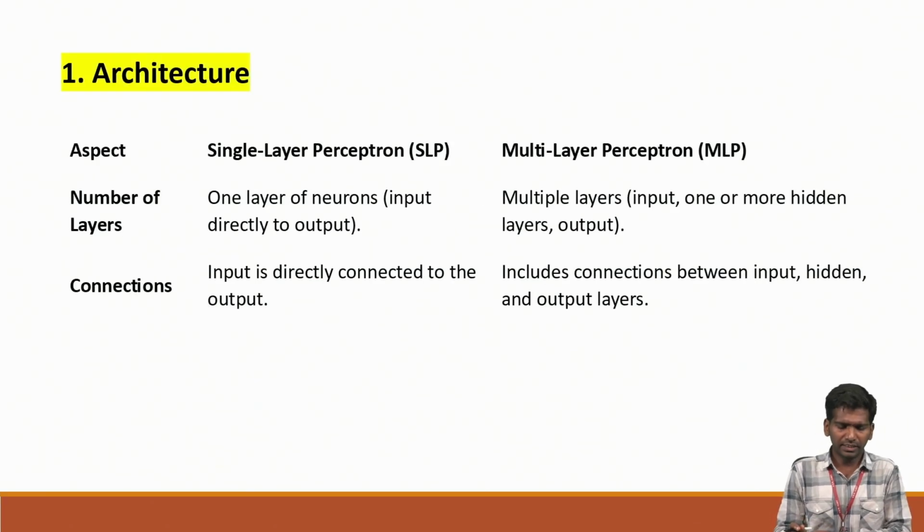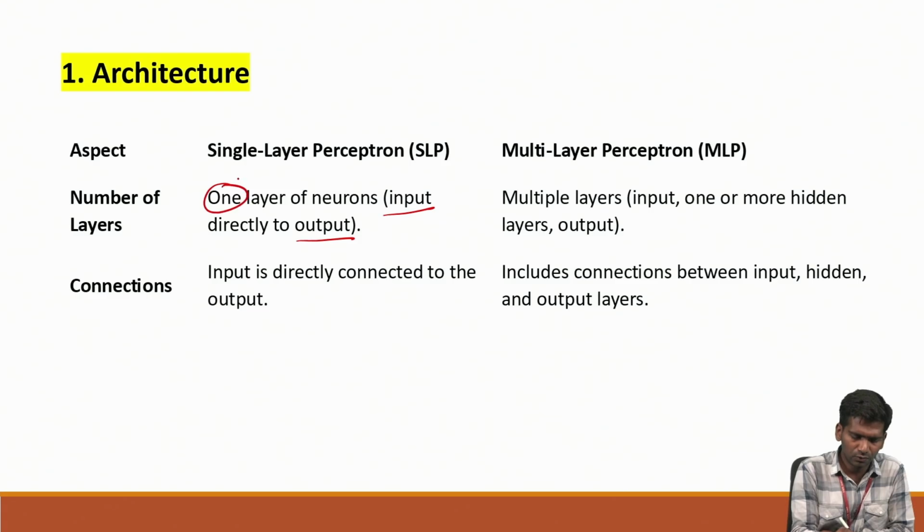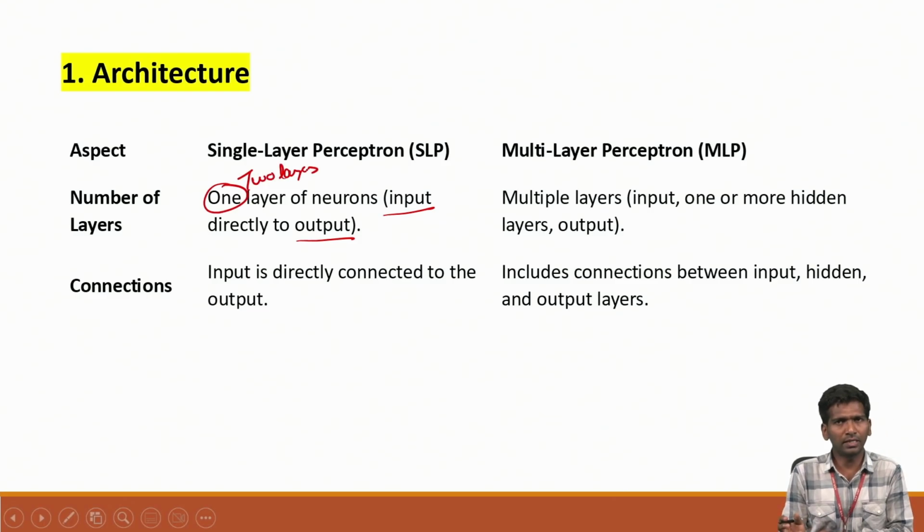Architecture wise, what difference have we noticed? For SLP we have only inputs and outputs, nothing but an input layer and an output layer. Here in MLP you see multiple layers: input, output, and more hidden layers.